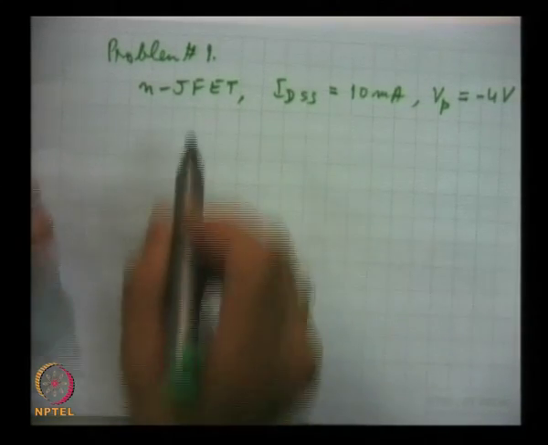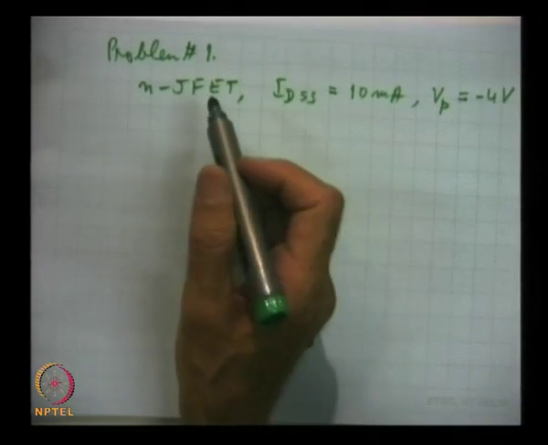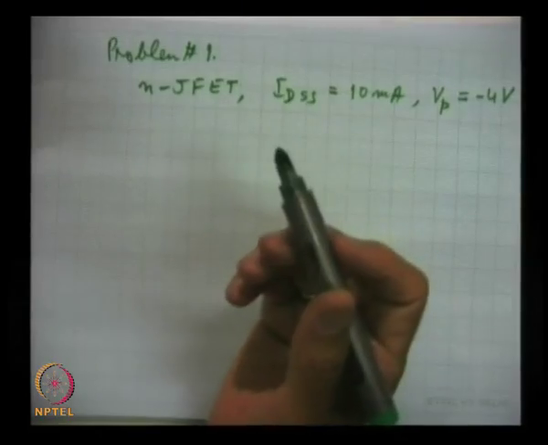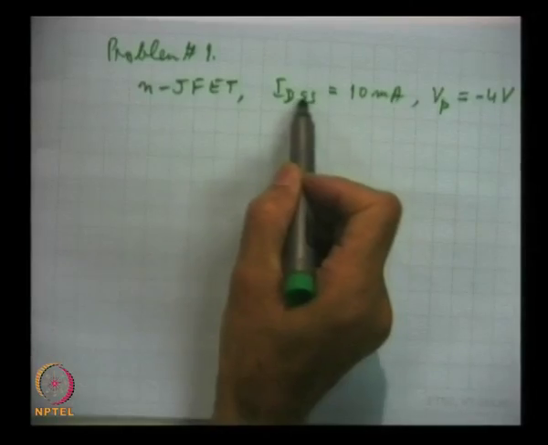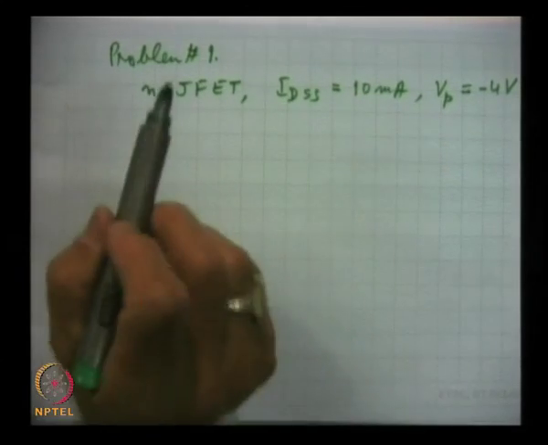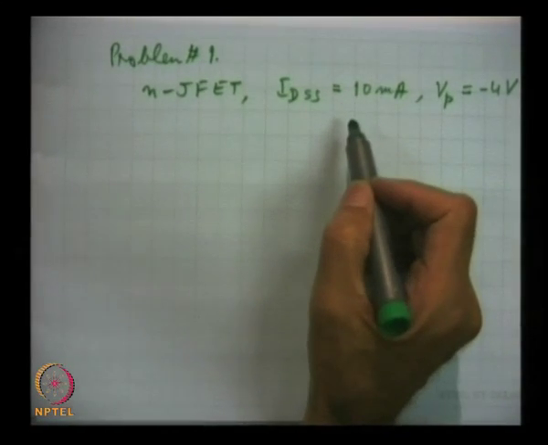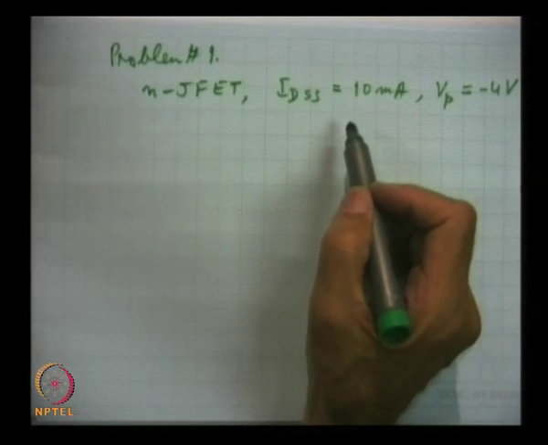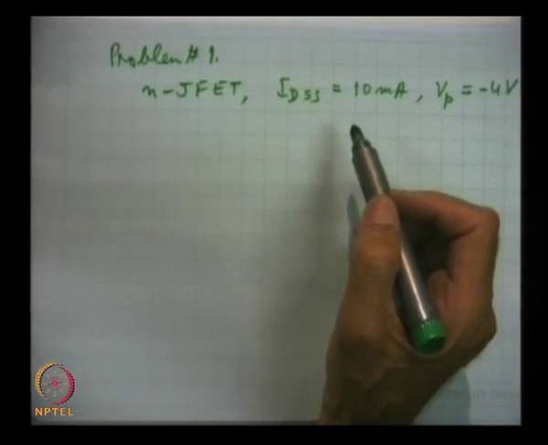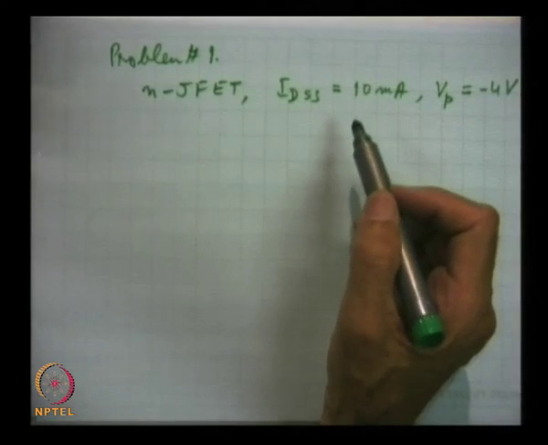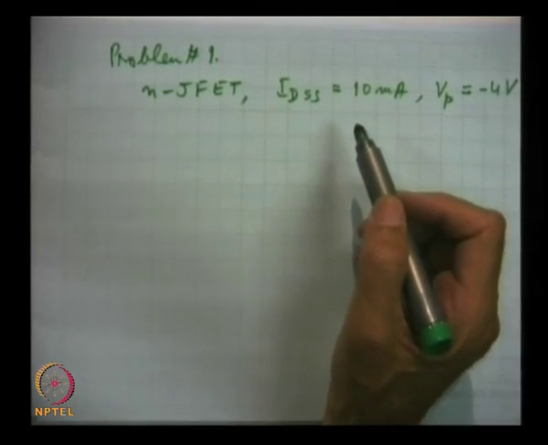You remember the structure of junction field effect transistor. There is a drain, there is a source, and the channel is implanted, and when the gate is shorted to the source, then the drain current is the maximum, and when we operate this with more negative voltages, then drain current falls.